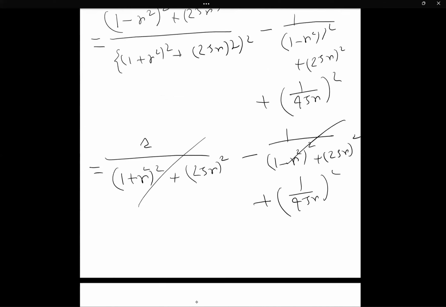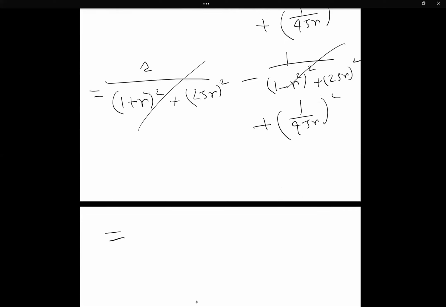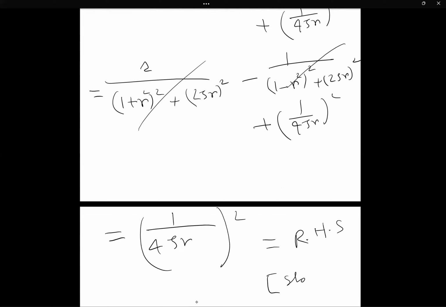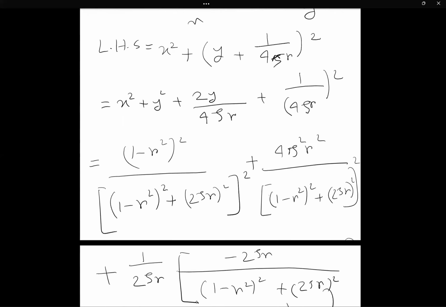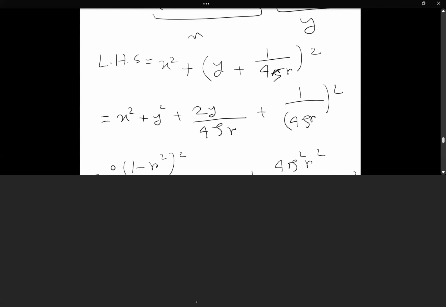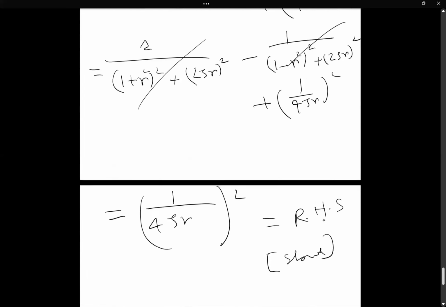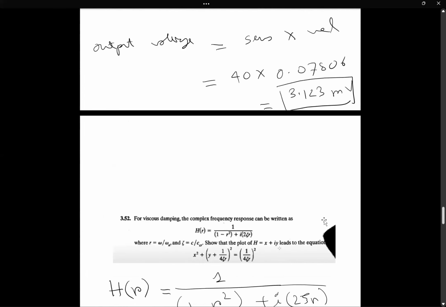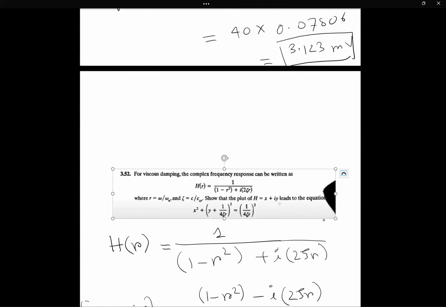So this cancels, which leaves us with 1 divided by 4 zeta r square, which is our right hand side. So we have proved that the H equal to x plus iy representation can lead us to this equation.